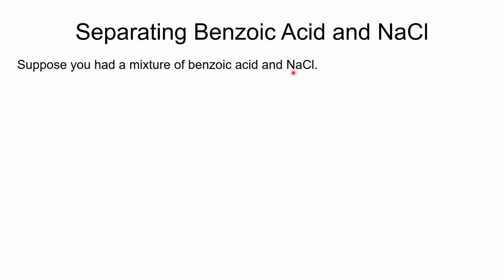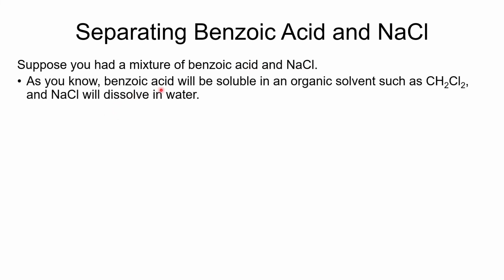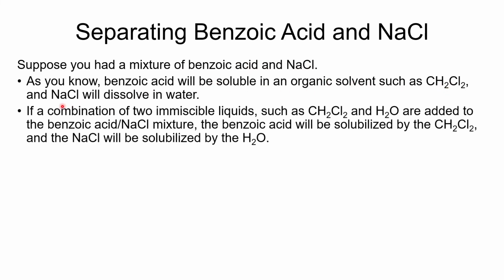Sodium chloride is not going to be soluble in dichloromethane. It will be quite soluble in water. So this is going to be pretty easy to separate. Benzoic acid will be soluble in the organic solvent dichloromethane, and the sodium chloride will dissolve in water.